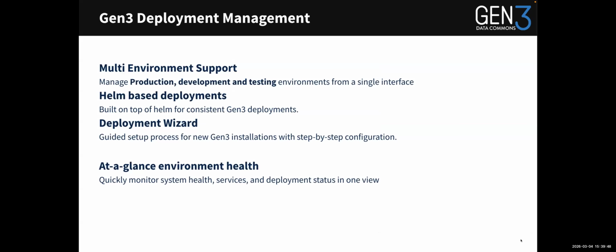One of the components that we have in this dashboard is deployment management. You can start a Helm deployment from this dashboard, and you get a sort of deployment wizard that guides you through the setup of Gen3, and you can select the different components that you want. In the end, you basically get a pre-configured values YAML file that you can click a button to deploy for you, or you can take that values file and deploy it yourself.